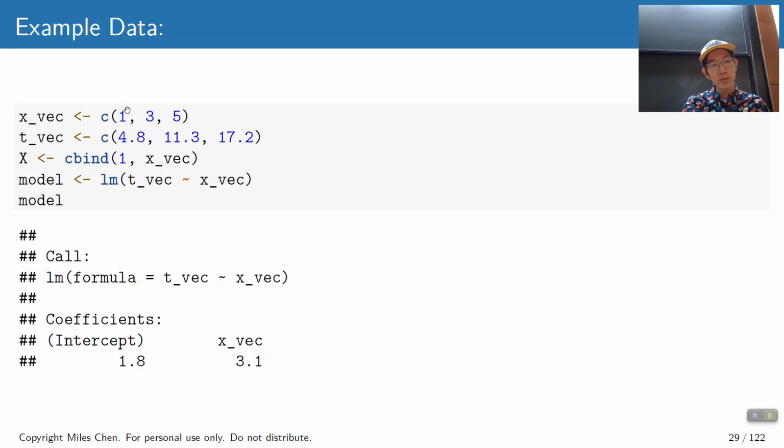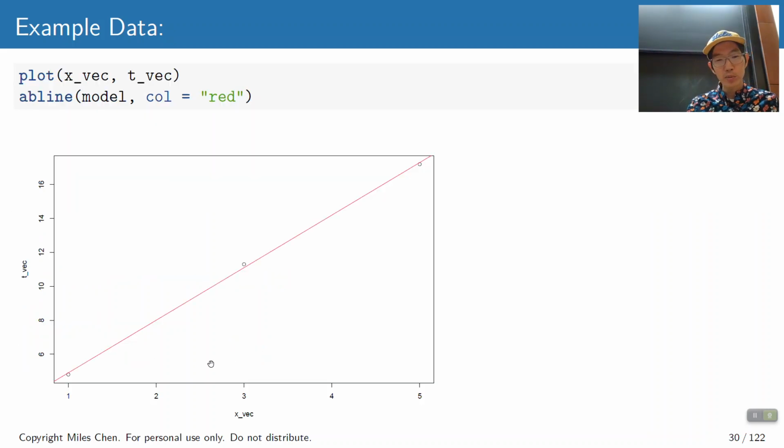And so you can see if I plug in 1.8 and 3.1, our first value would be like 4.9. And then if I do 3 times 3.1, what would I get? I would get 9.3 plus 1.8, and I would get 11.2 or something. So I would get some pretty close values here. But this is what the answer would end up being.